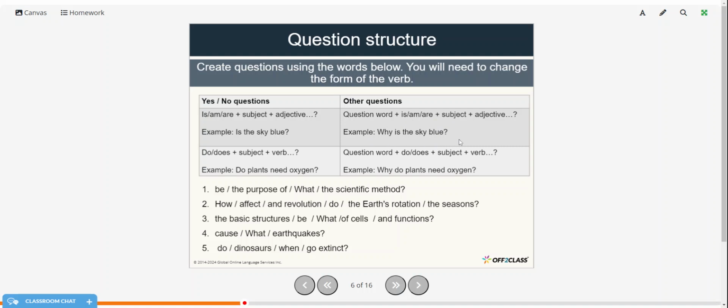Why is the sky blue? You can also use do or does plus the subject plus the verb. Do plants need oxygen? Or you can use a question word plus do or does plus subject plus verb. Why do plants need oxygen? So go ahead and try to put these words in order to make a question and then restart when you're ready to check your answers.